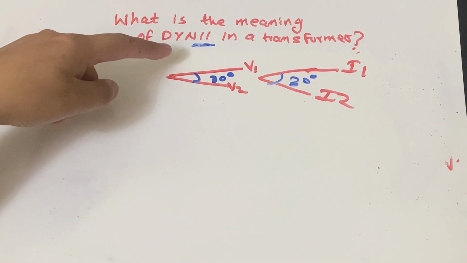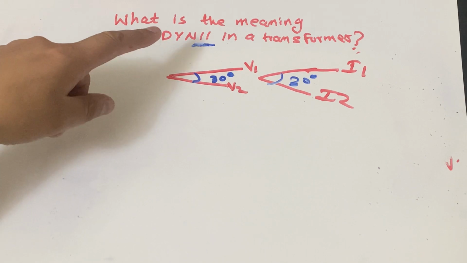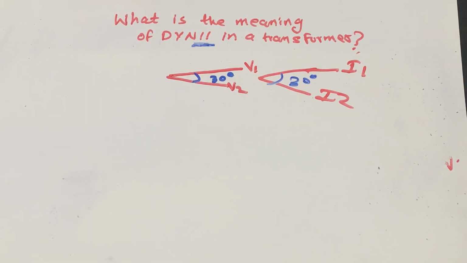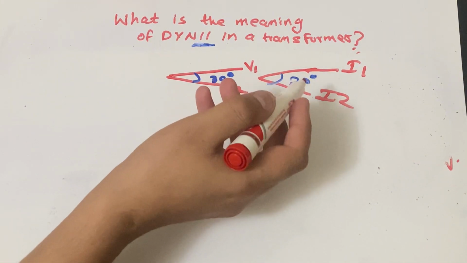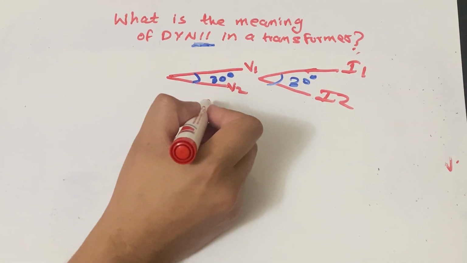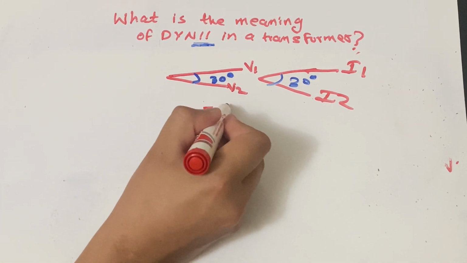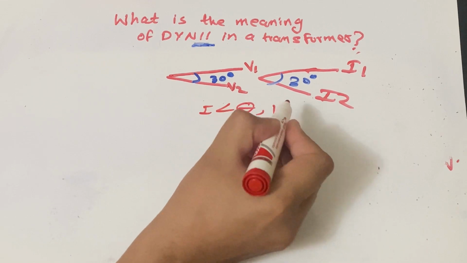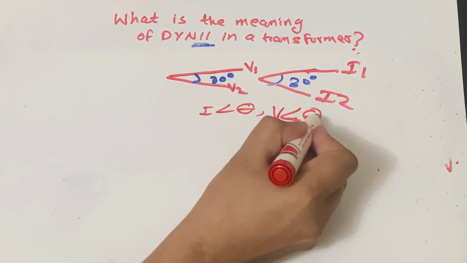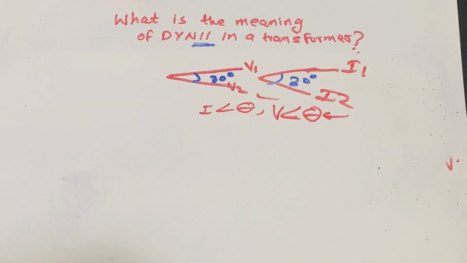It differentiates the phase displacement of high voltage winding and low voltage winding. If we find any currents or voltages, then the phase angle will be there. We have studied these terms in detail in our subjects, so no need to go there. If you haven't studied yet, you should study.